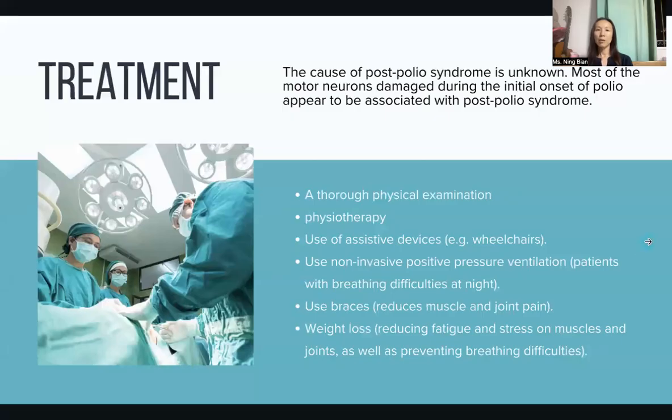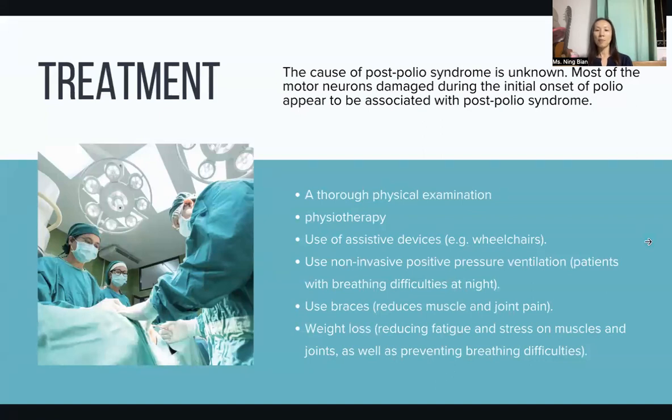Treatment. Because the cause of post-polio syndrome is unknown, there is not only one way to treat it. A thorough physical examination. Physiotherapy. Use assistive devices, for example, wheelchairs.